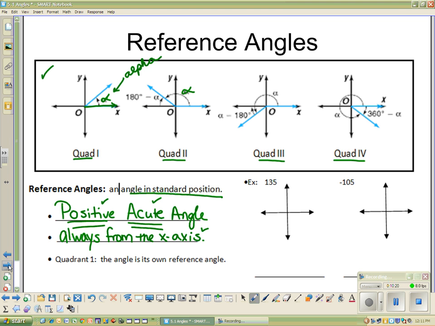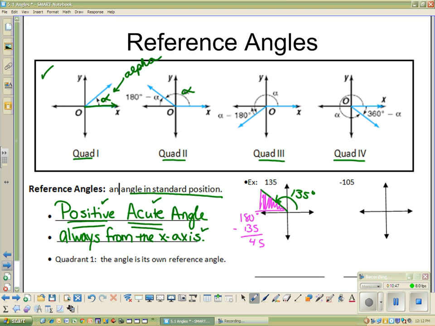So, example here, 135 degrees. It is an angle that finishes in quadrant 2, and it has a reference angle right here of this amount. If I had to calculate how much that was, I could take 180 degrees and subtract 135 degrees, to get 45 degrees.